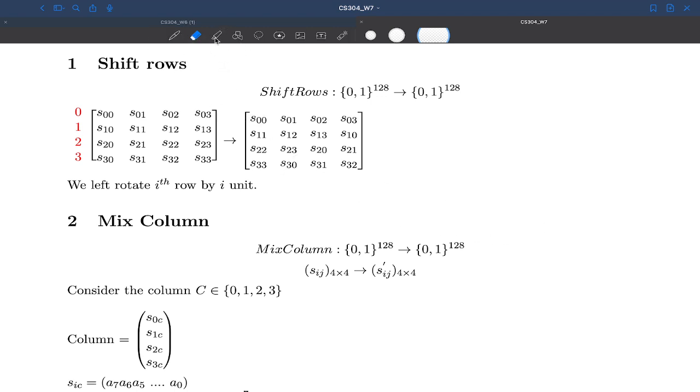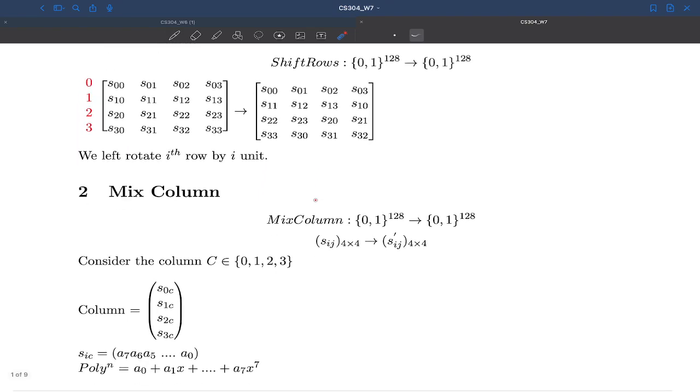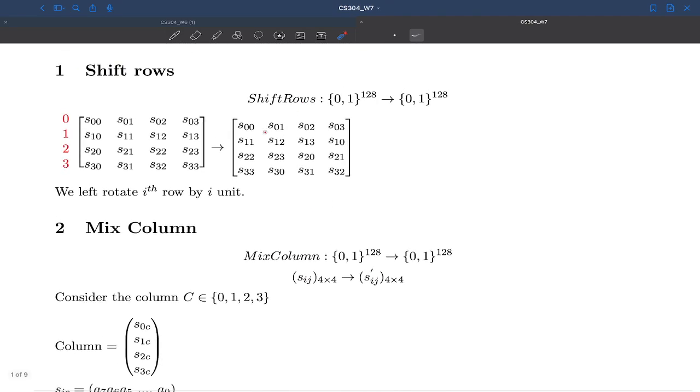Now let's talk about mixed column. Mixed column is more difficult than shift rows, but still easier than the sub-byte function. Whatever output we get from shift rows is fed as input to mixed column. So this 128-bit matrix will serve as input to mixed column.